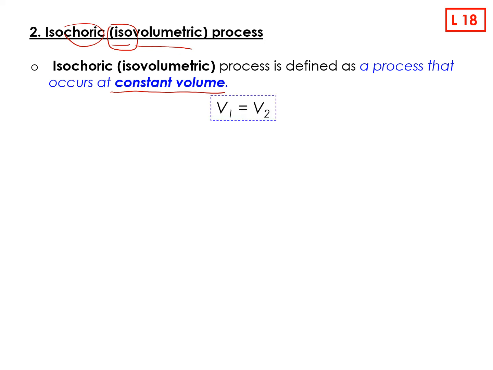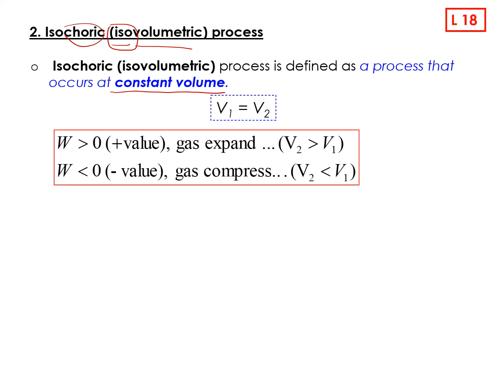V1 is equal to V2. We can relate the volume with the work done. If we get a positive value for work done, it means the gas expands, and it also means that V2, the final volume, is greater than the initial volume.